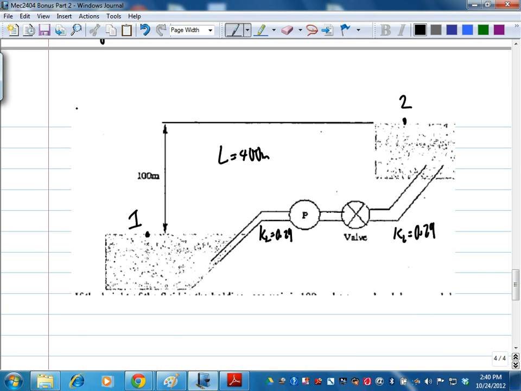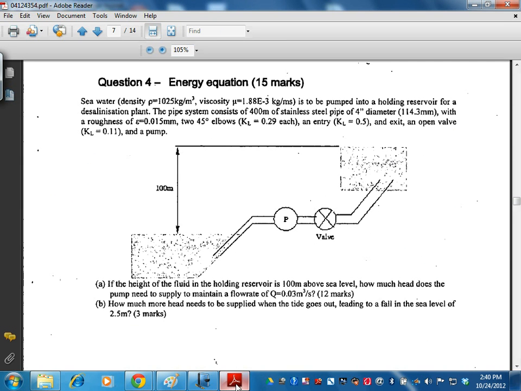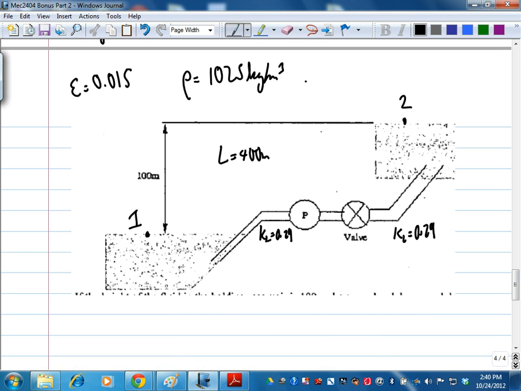Roughness 0.015. This is seawater, rho is 1025 kilogram per meter cube, mu is 1.88 by 10 to the minus 3.